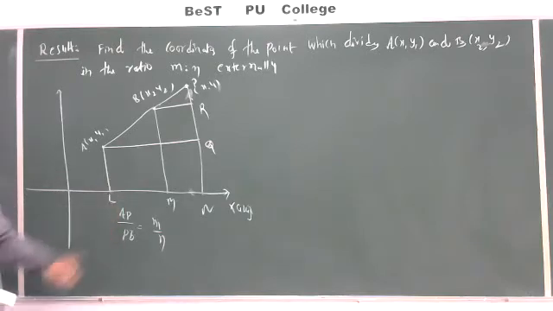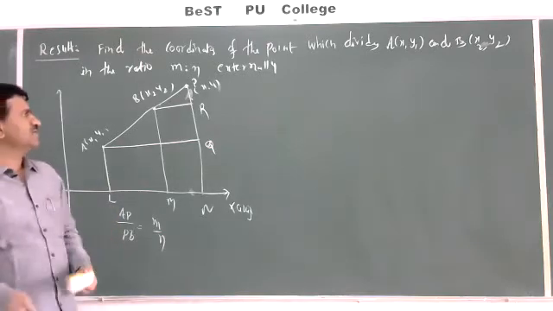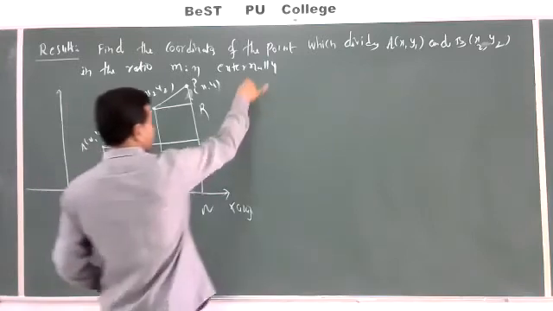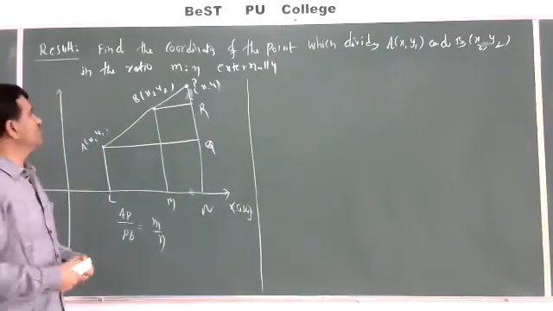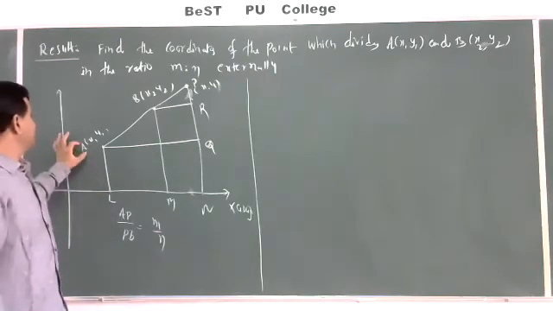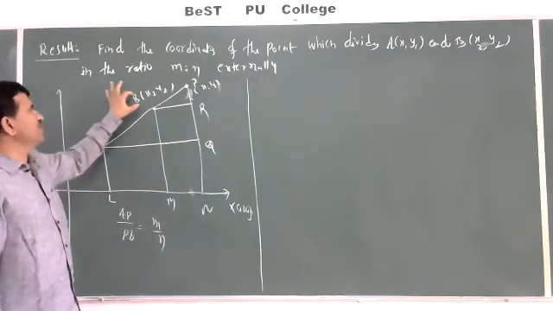First, explain this one. Consider a rectangular coordinate system in which given A is (x1, y1), B is (x2, y2).